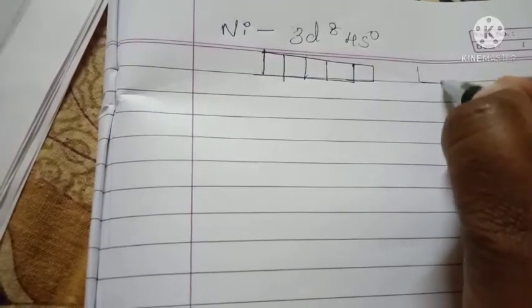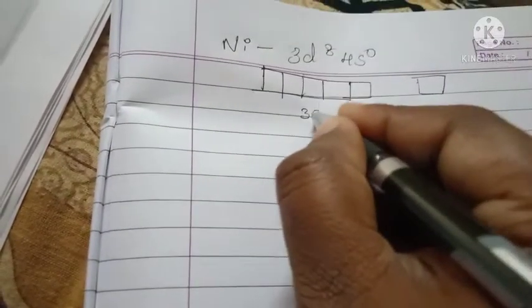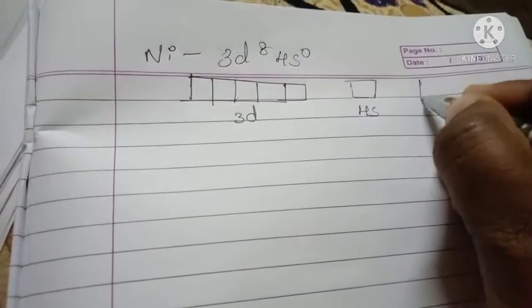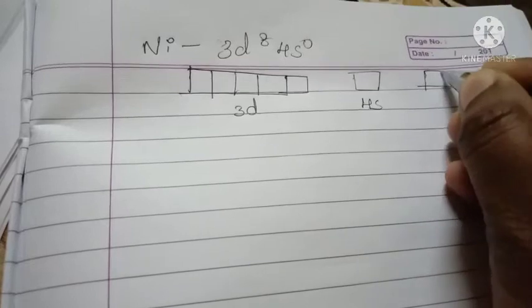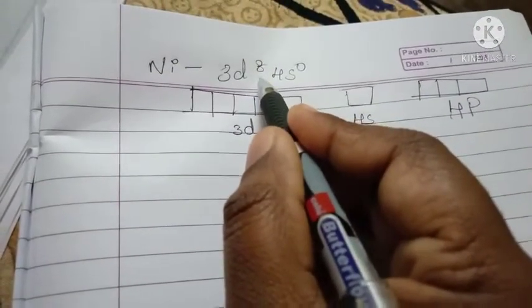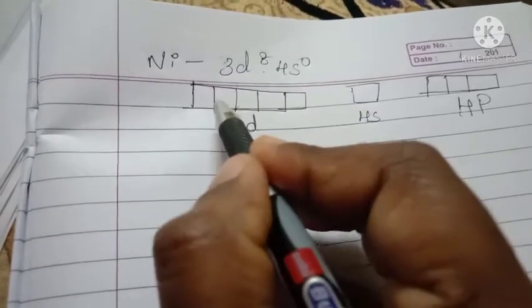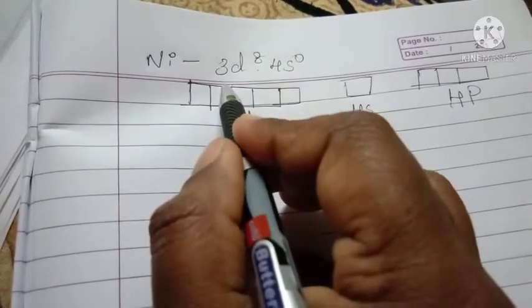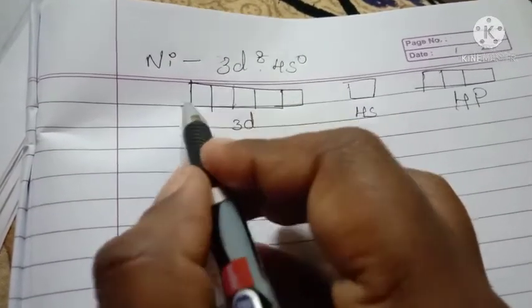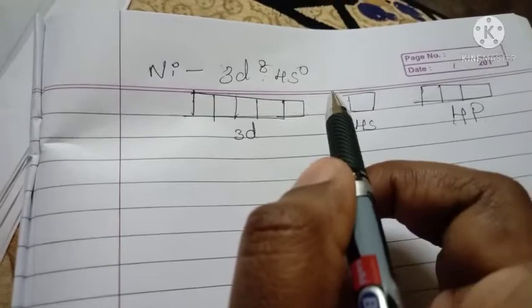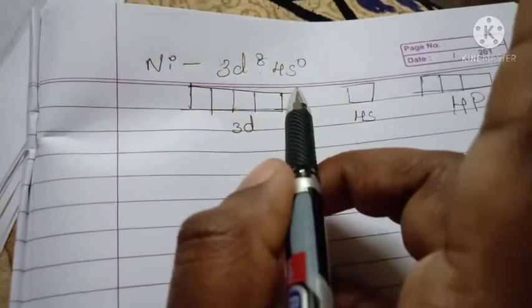Next 3d, 4s, and here I am also writing 4p, 1 2 3. I will tell you later why we are writing the 4p orbital. How many electrons are present in the d orbitals? 8 electrons. We have to fill the 8 electrons in the sub-orbitals. First, according to Hund's rule of maximum multiplicity, all the orbitals should contain 1 electron each. After that the remaining electrons get paired up.